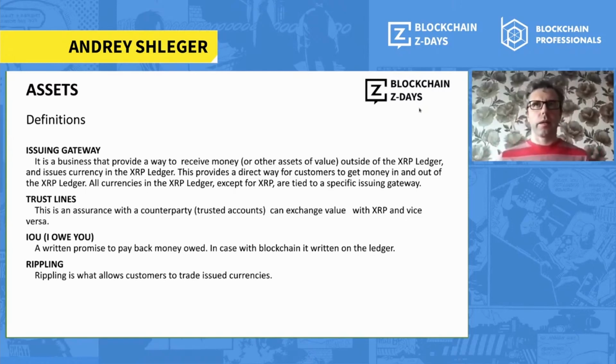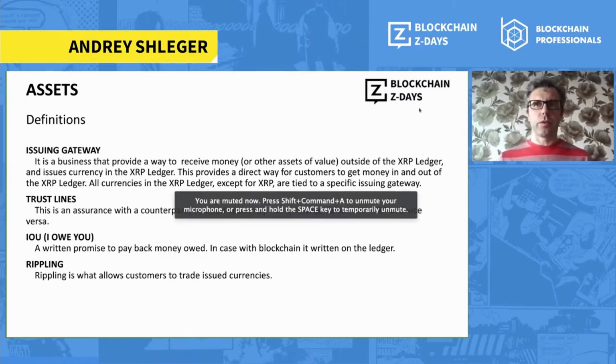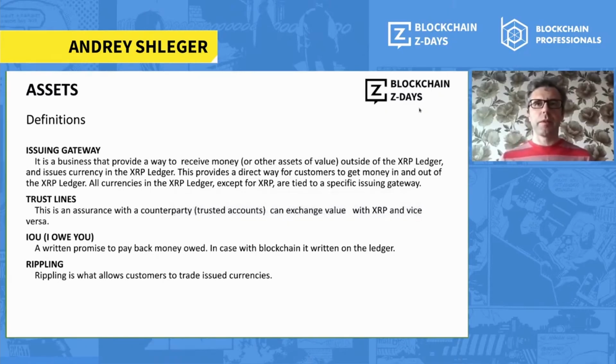An issuing gateway is like a bank which you trust, and this bank trusts some other banks within some limits.